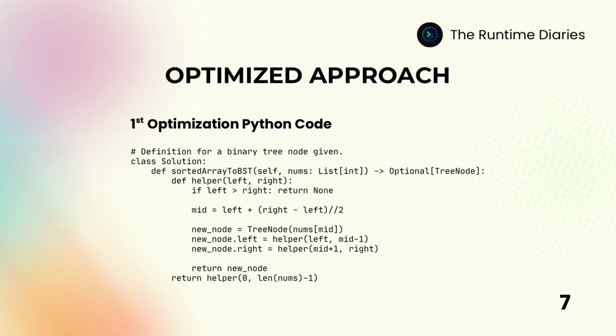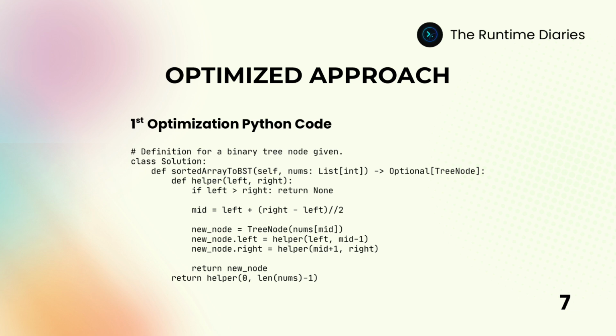Now here's what the code looks like. We define a helper function that takes left and right bounds instead of a new list. Each call picks the midpoint, creates a node, then recurses left and right. So take a look at the helper functions using the left and mid minus 1 indices and also the mid plus 1 and right indices.